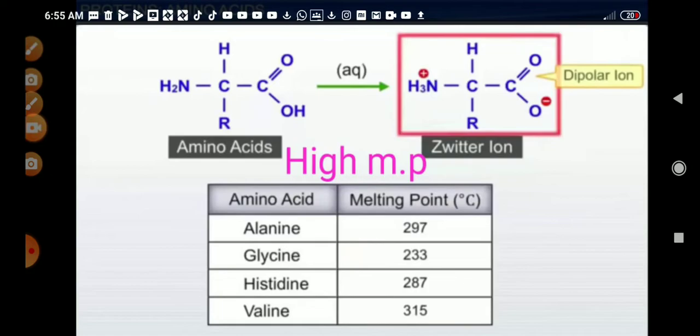Since two poles are developed, it is called a dipolar ion. And because of this, it has a high melting point. We can see some examples of amino acids and their melting points shown. It is usually greater than 200 degrees Celsius.